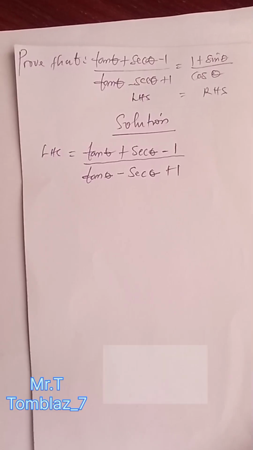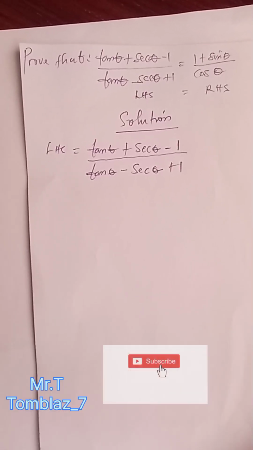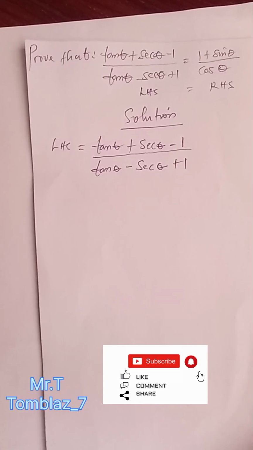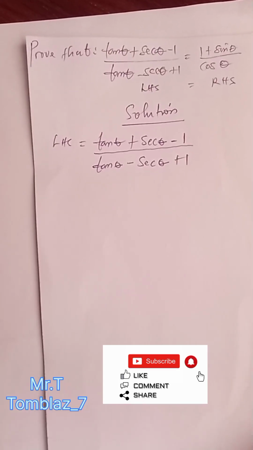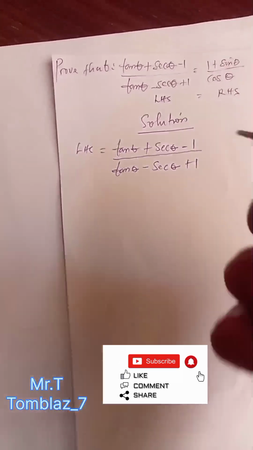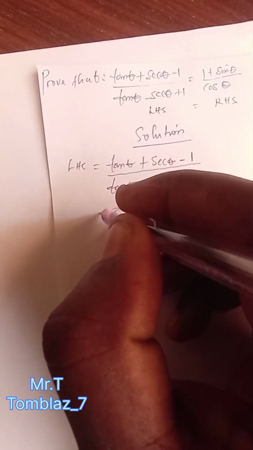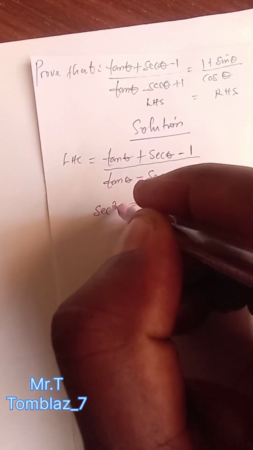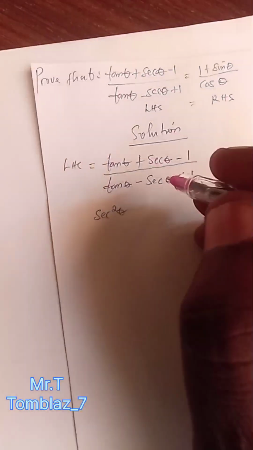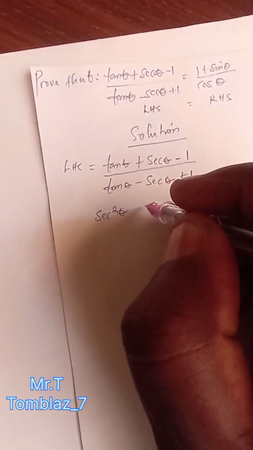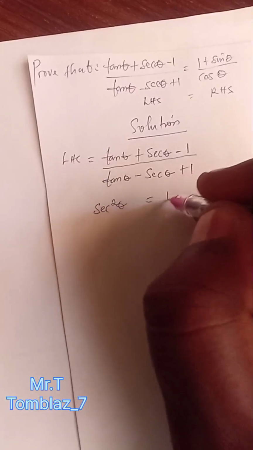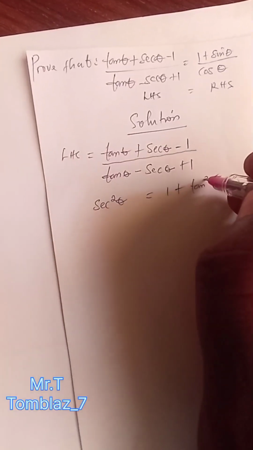And based on our trig identities, we have one that says sec square theta is equal to 1 plus tan square theta.